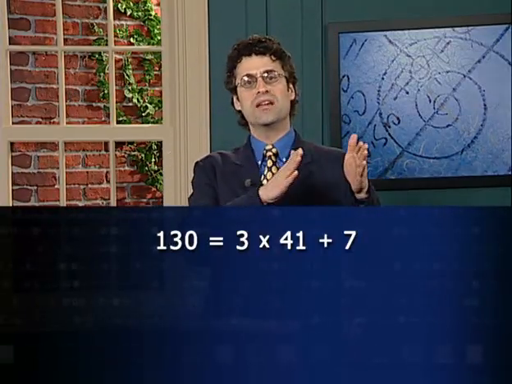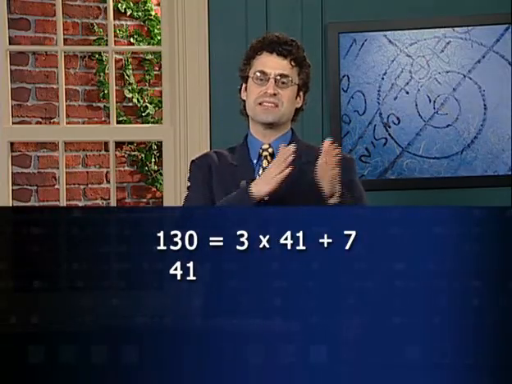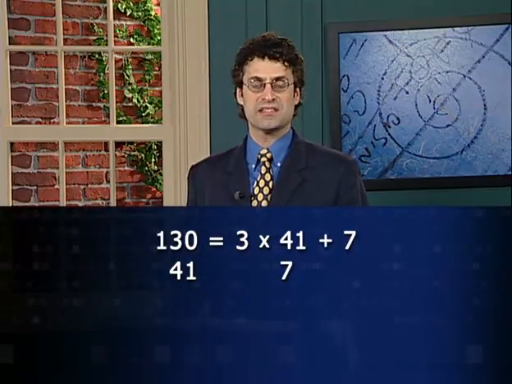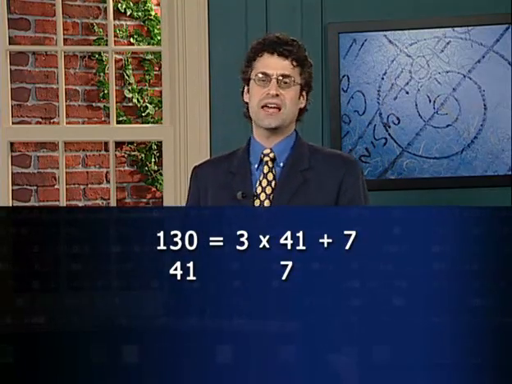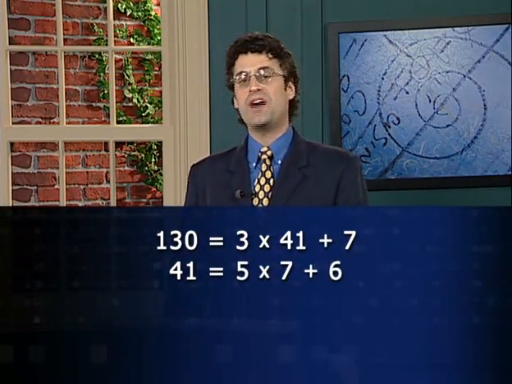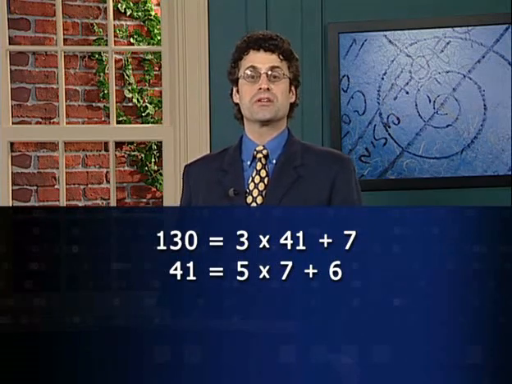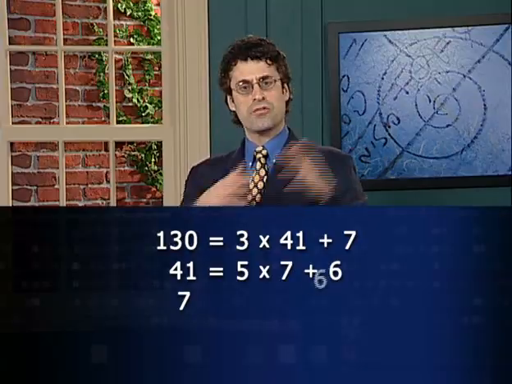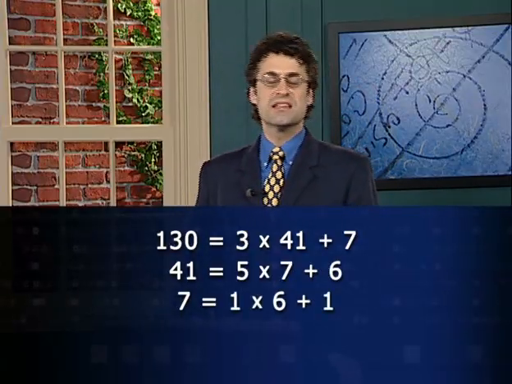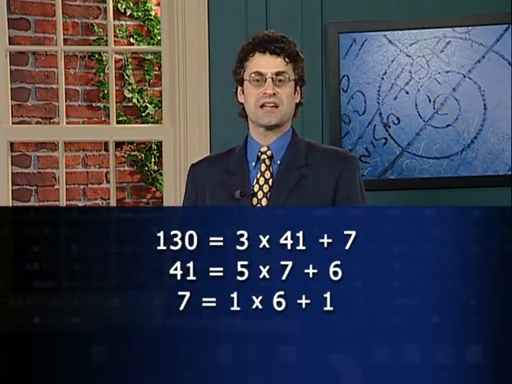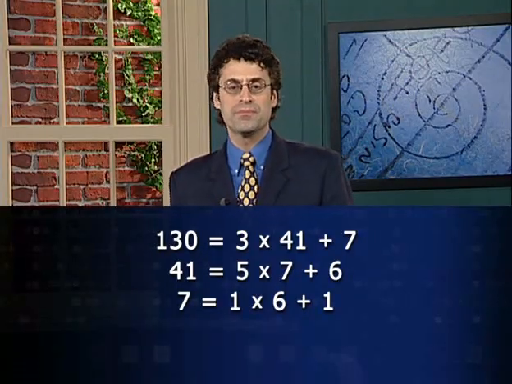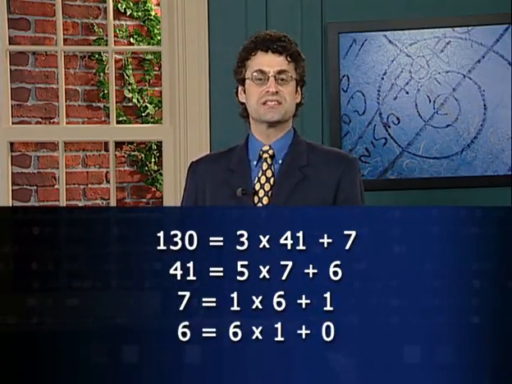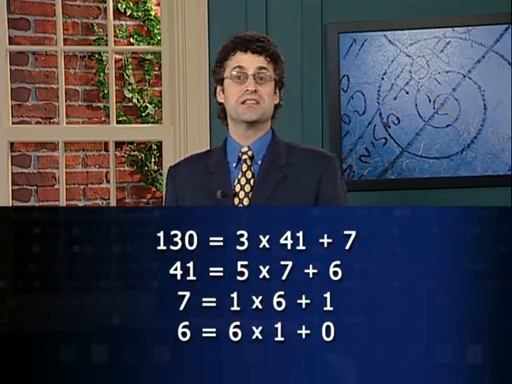We take the 41 and slide it over, and we take the 7 and slide it over, and we ask 41 divided by 7 in some sense, and we apply the long division again, and we see 41 equals 5 times 7 plus a remainder of 6. Again, we slide everyone down, the 7 comes over and the 6 slides down, and we see that 7 equals 1 times 6 plus a remainder of 1. And then finally we slide down again, and we see that 6 equals 6 times 1 plus 0.